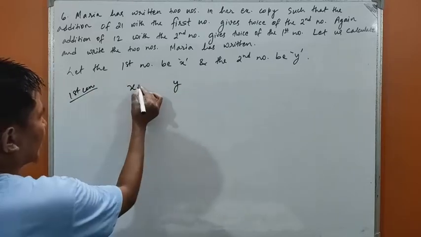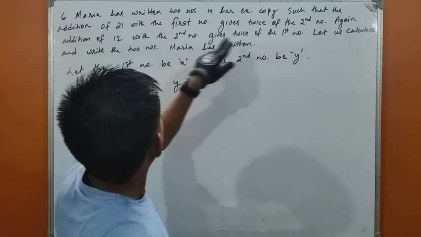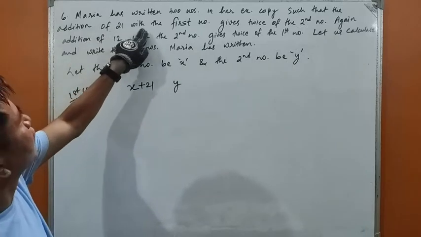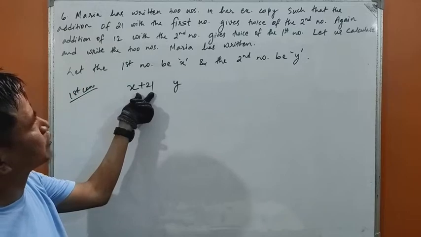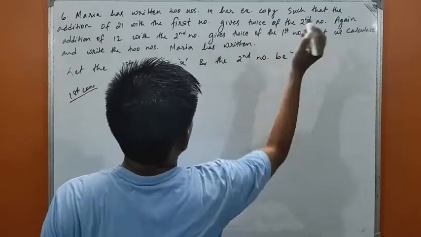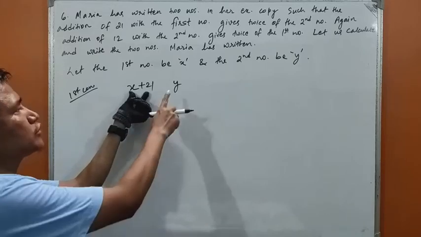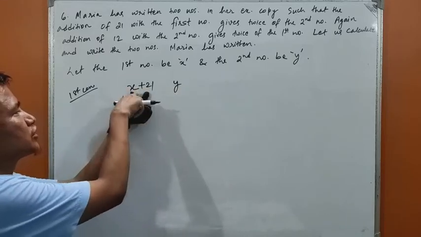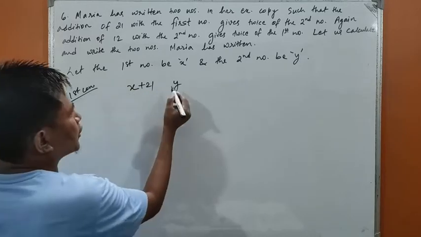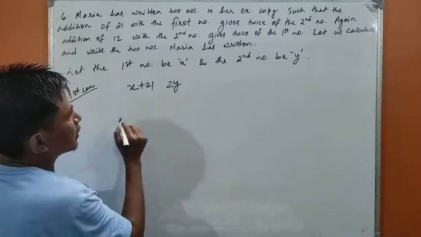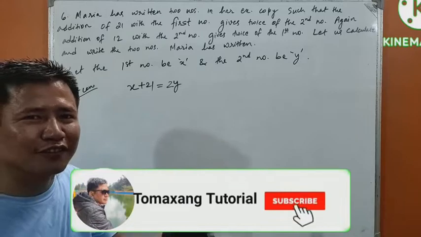So when 21 is added to the first number, this number becomes 2 times more than the second number. That means if we multiply the second number by 2, we can put equal to sign in between them because both of them become equal, isn't it?